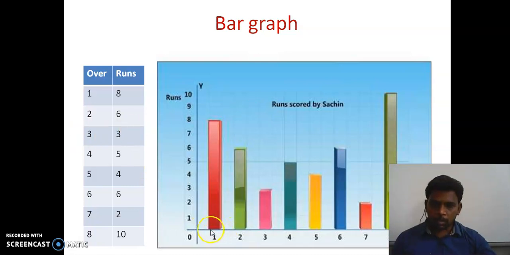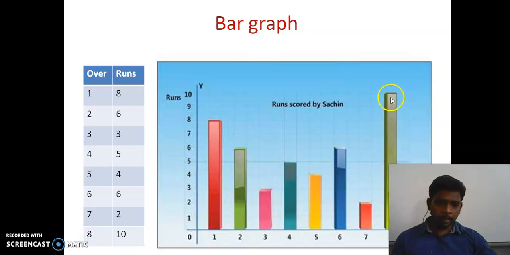So in the first one, the bar starts at 1, that is in the first over, and ends at 8 in the vertical axis, that is Y axis. So in first over 8 runs, and similarly in second over the bar end corresponds to 6. That means in second over 6 runs scored, and in the third over the bar end corresponds to the number 3 in the vertical axis, that is 3 runs, and similarly fourth bar, fifth bar, and sixth one, seventh one, and also eighth one.